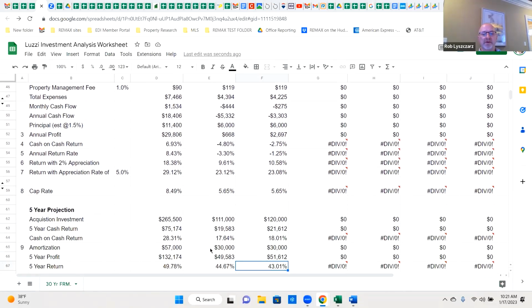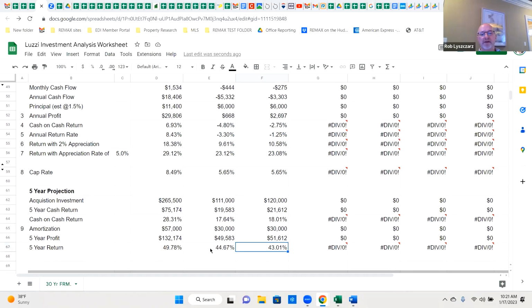But over 5 years, you're getting an 18% cash on cash return and a 43% return of your investment. So if somebody was agreeable to buying it with a $400 loss for the first year, the second year that would be erased, and then you would make 43% of your cash back in the first 5 years.